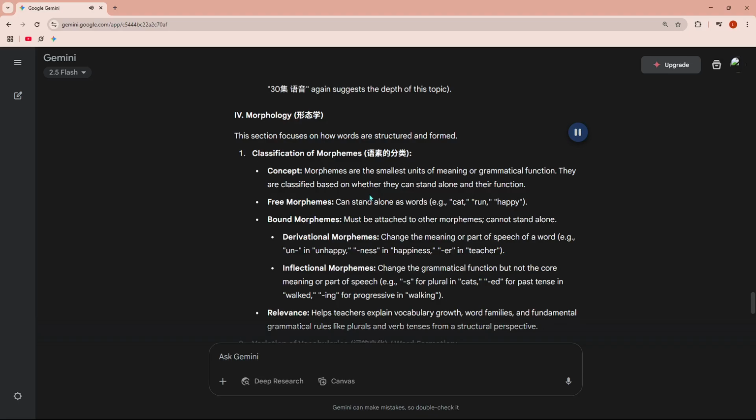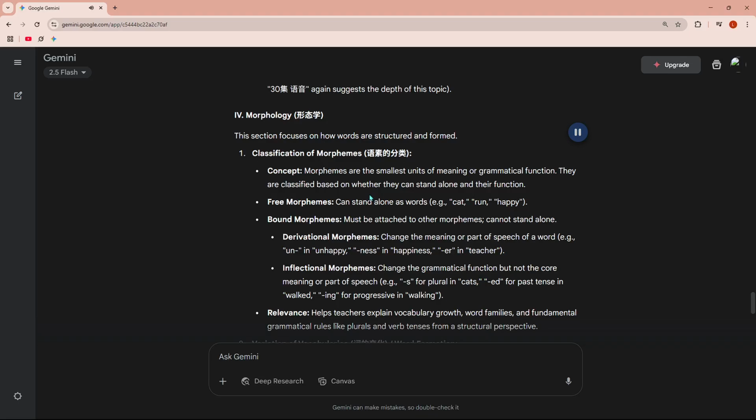Free morphemes can stand alone as words, e.g., cat, run, happy. Bound morphemes must be attached to other morphemes and cannot stand alone. Derivational morphemes change the meaning or part of speech of a word, e.g., un- in unhappy, -ness in happiness, -er in teacher.